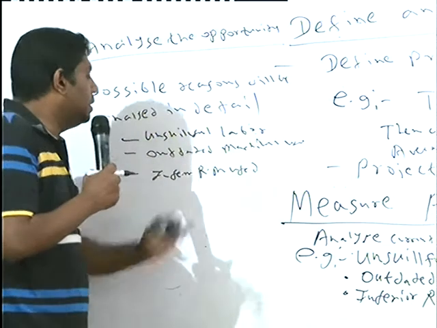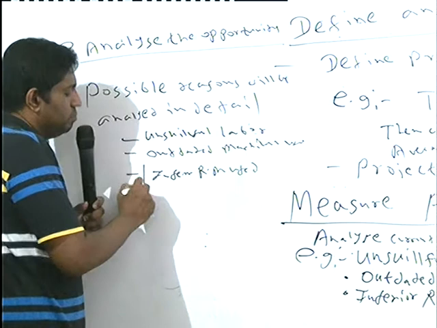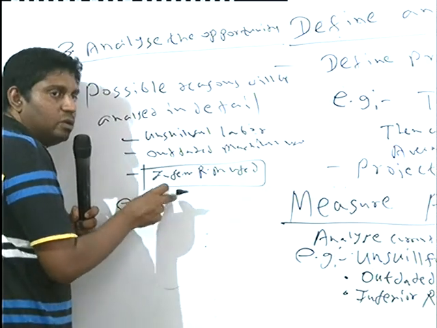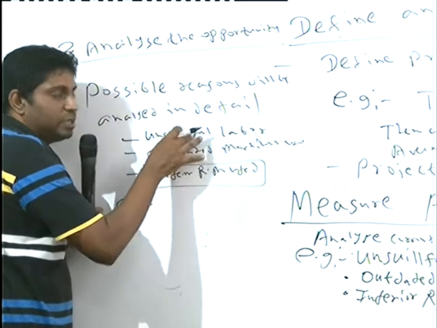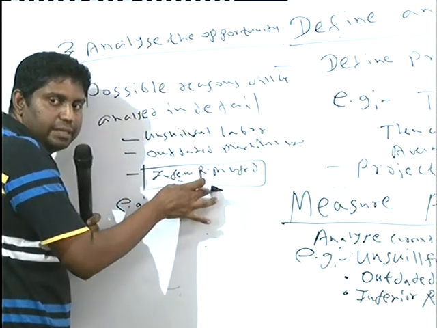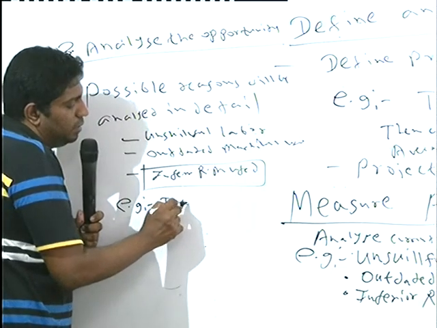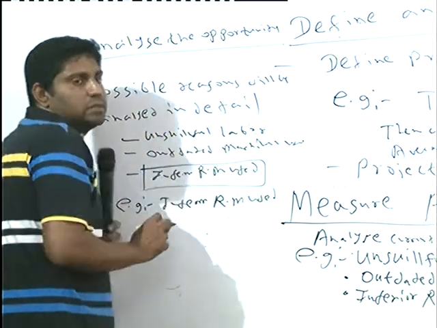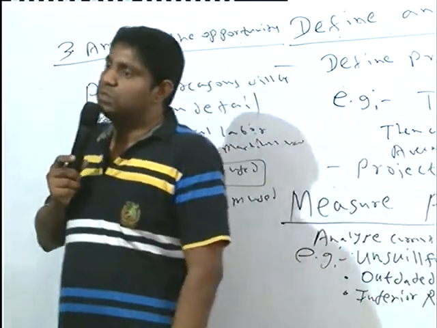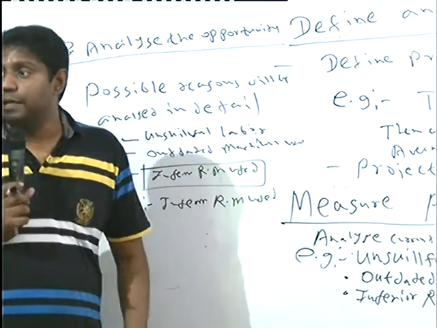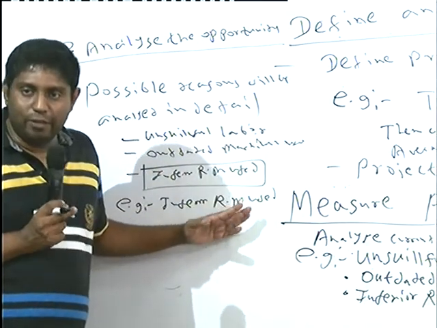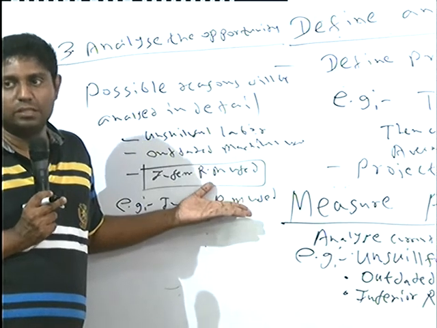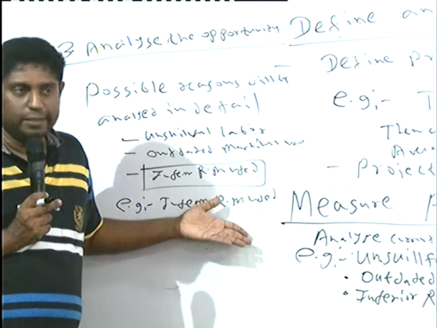For example, assume we identify that the main contributing factor is not the first two reasons. The main reason, we conclude, is inferior raw material use. In this example I have identified one, but sometimes you may identify two reasons, not only one.